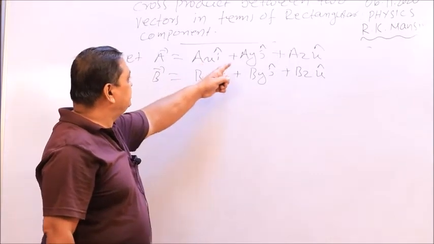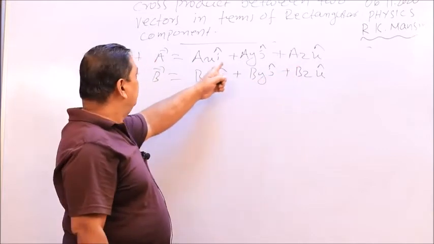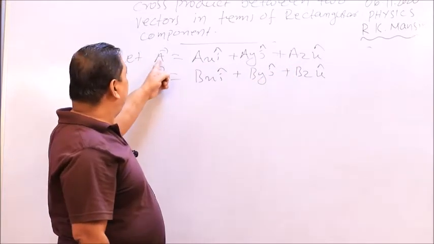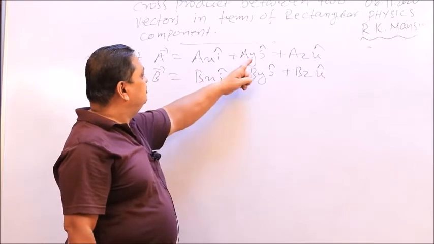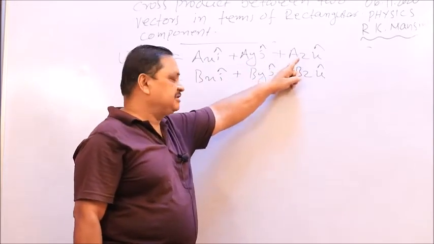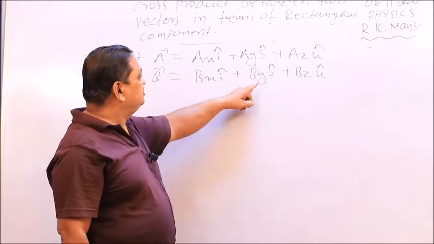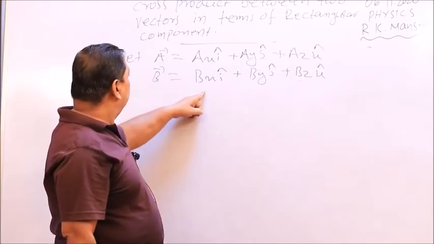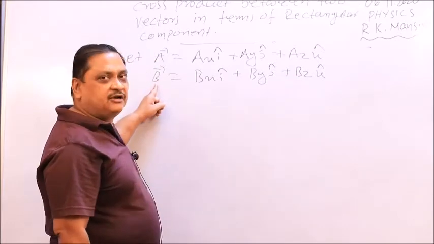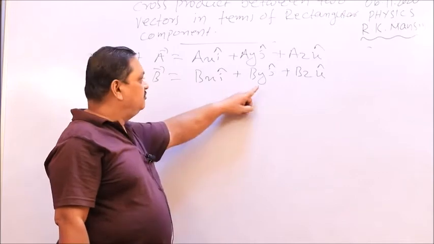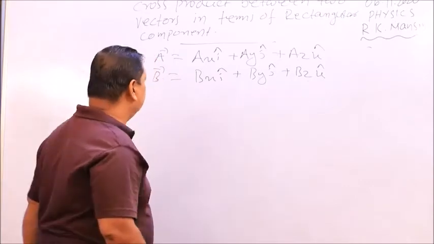These ax, ay, az are known as rectangular components of vector A along the x axis, y axis, z axis respectively. Similarly, bx, by, bz are rectangular components of vector B along the x axis, y axis, z axis respectively.